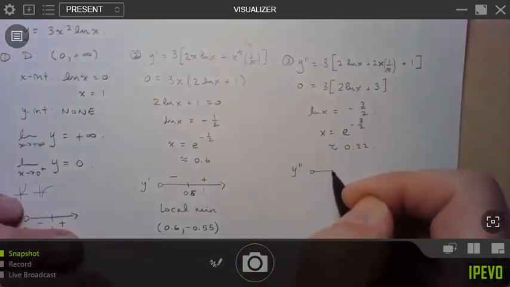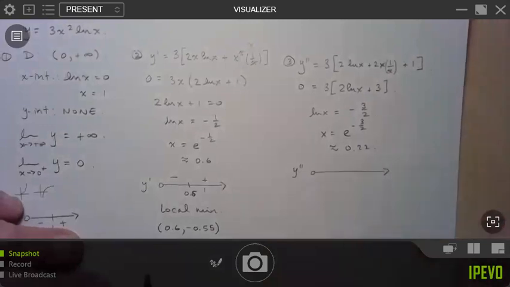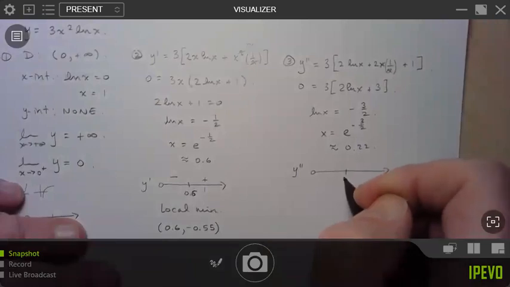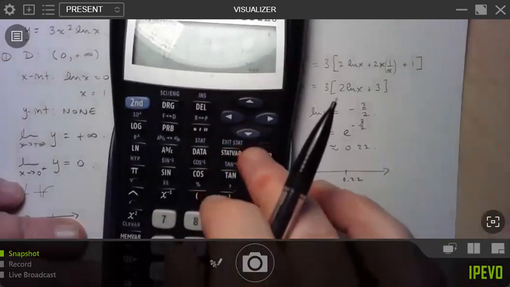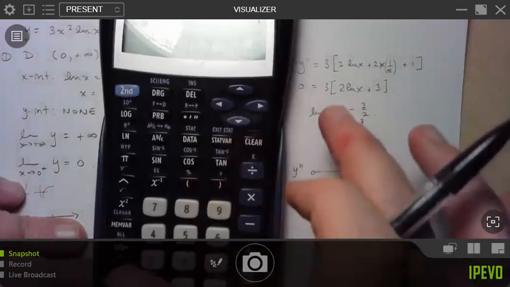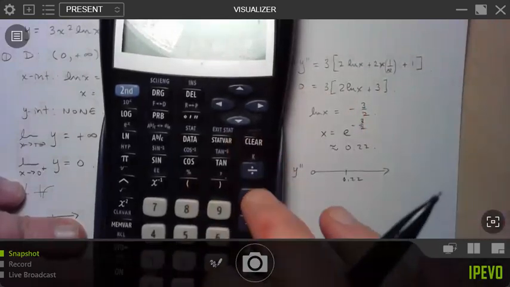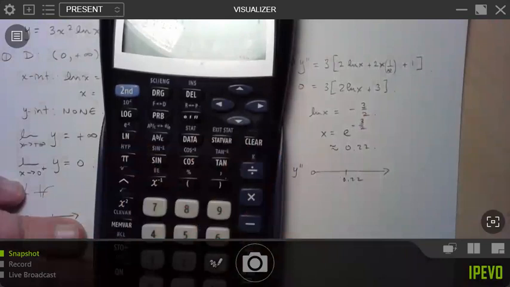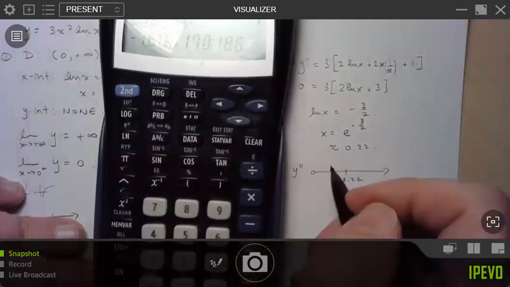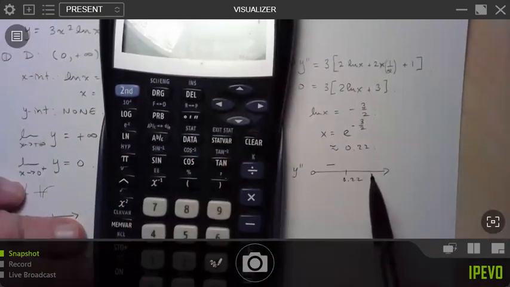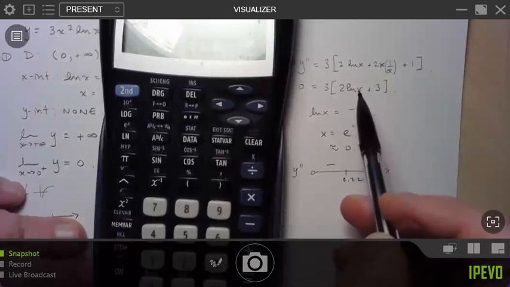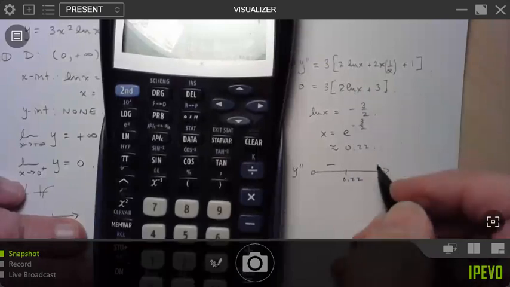Let's check our signs to see if this is indeed a point of inflection or not. So 0.22. Let me put, say, 0.1 here. The 3 I don't need to worry about. So 2 times ln of 0.1, plus 3, is negative. And then here, let me just put 1. So 2 times ln of 1, obviously 0, plus 3, so this is positive.